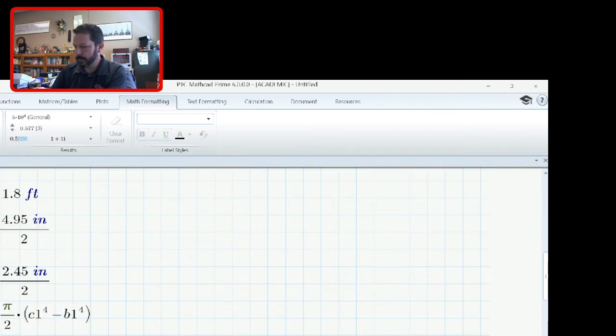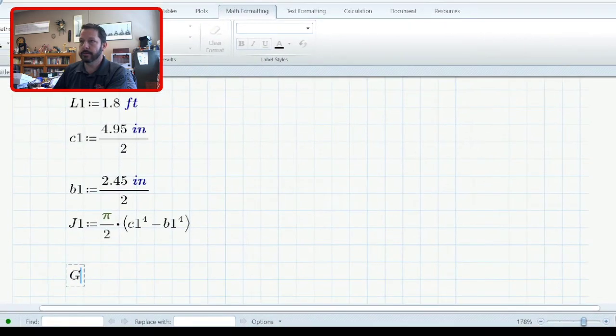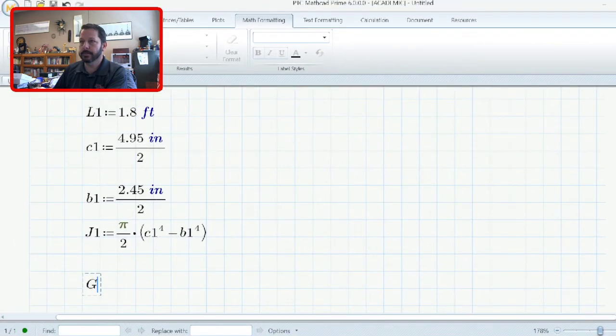And then we need our modulus of rigidity. Oh, hold up, I moved the screen on this, didn't I? All right, get back up there. There we go. G1 equals, let's see, what was it? 8.1 million psi.